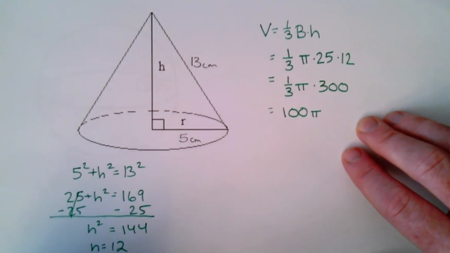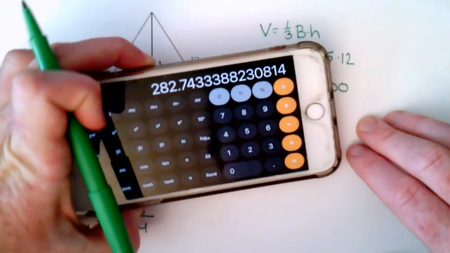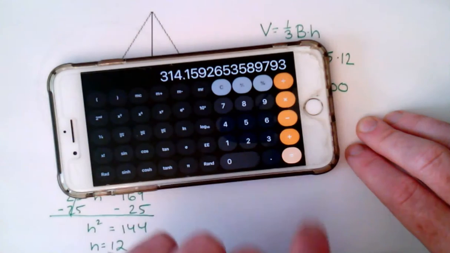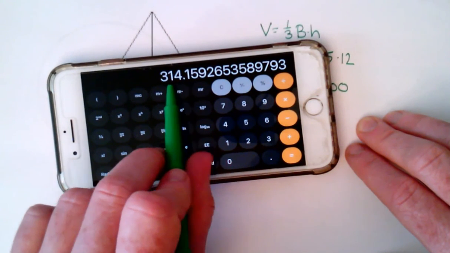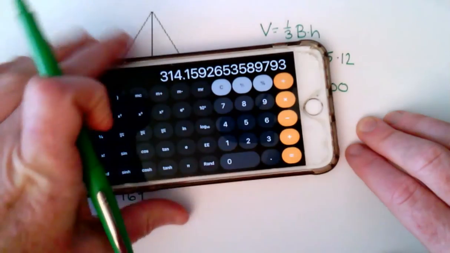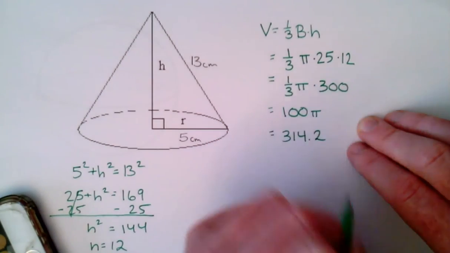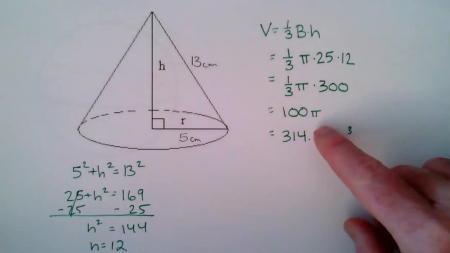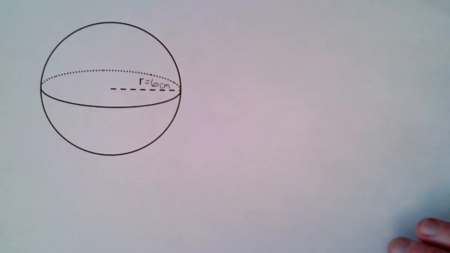Go ahead and leave it like that. That's cubic centimeters. Or you can multiply it out. We would take 100 times pi, and you get 314.15. If we need to round to the tenth, we need to turn this into 314.2. And that's cubic centimeters. Again, I would just leave it like that on Khan Academy because you don't need to use decimals.